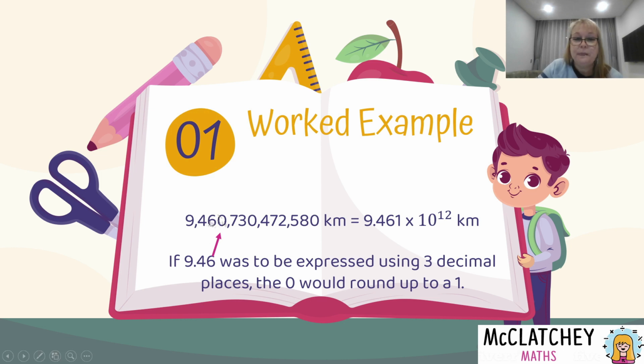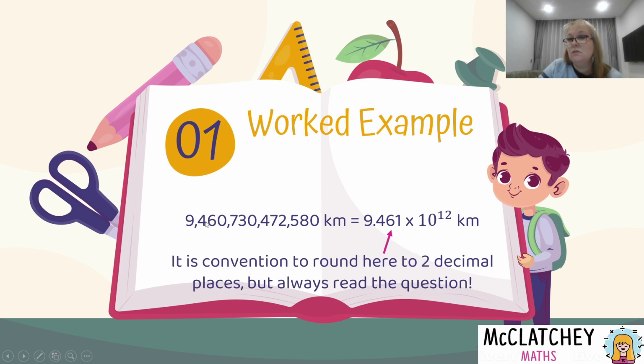However, it is convention, and what I mean by convention is it's tradition, or it's typical in maths for us to usually round to 2 decimal places. Sometimes your teachers may prefer 1 decimal place or even no decimal places at all. So you need to read your question very carefully or ask questions if need be. If you're asked to round this to 1 decimal place, this 4 would round up to 5.